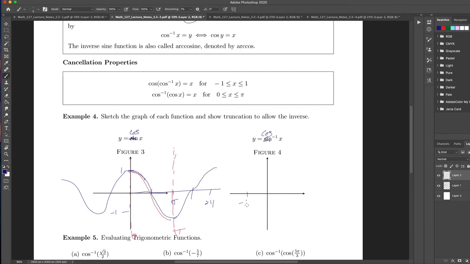So this comes from -1 to 1, and then the values here are from 0 to pi. This is pi over 2, this will be pi, so this is way up here at pi, and this is 0. So from -1 to 1, I get from pi to pi over 2 to 0 at 1, okay?